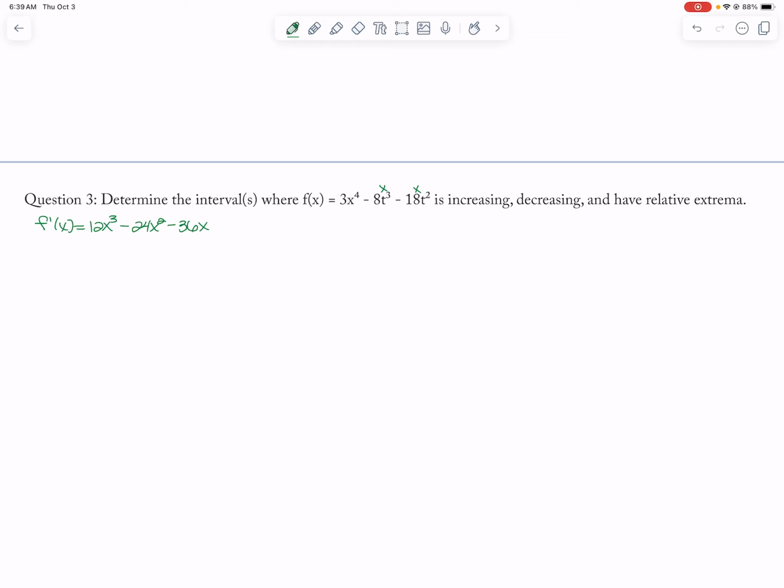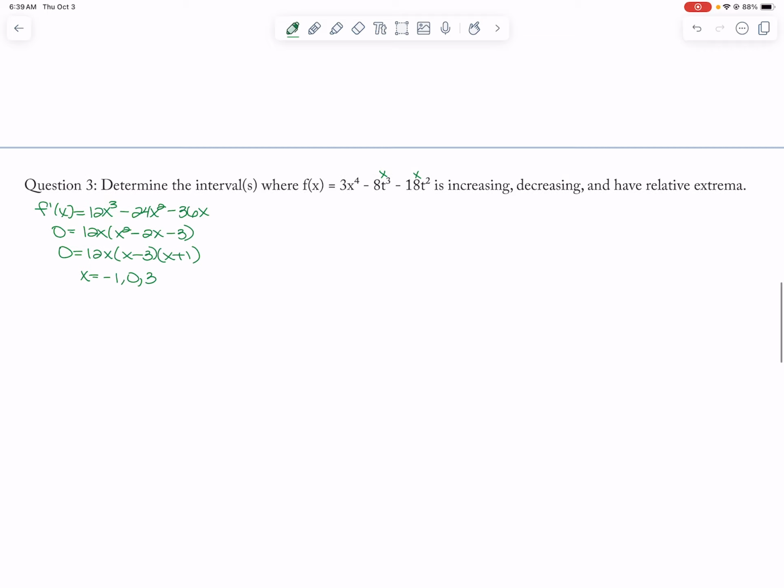And then I'm going to set this equal to 0. So I'm going to factor out a 12x out of this. So I get x squared minus 2x minus 3. And when I set this equal to 0, I guess I can give you the step of factoring first. I would get x is equal to negative 1, 0, and 3.